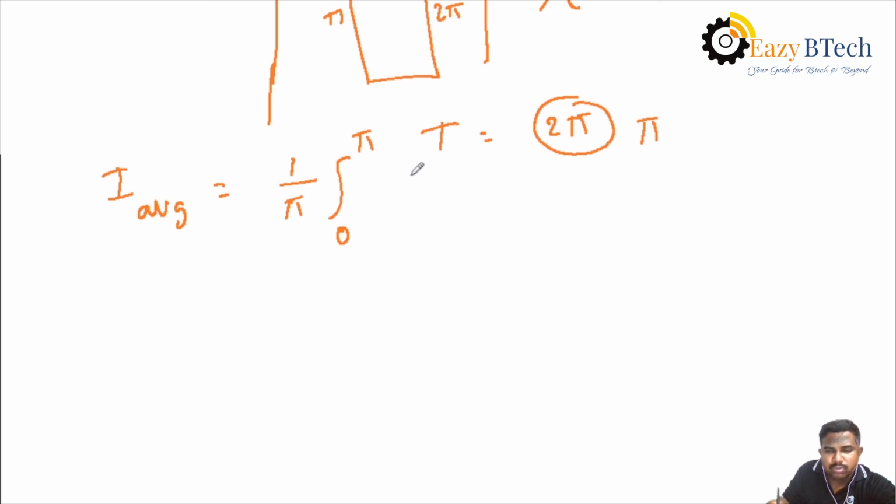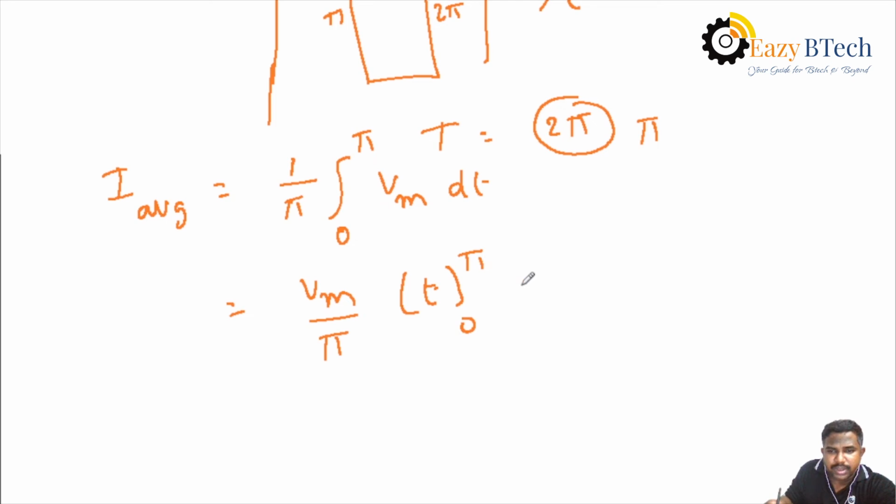From 0 to pi, what is the value here? Constant value, that is only Vm dt. Vm is constant, taken outside. What is the integration of constant? That is t, 0 to pi. Then apply the limits here: Vm by pi, pi minus 0.